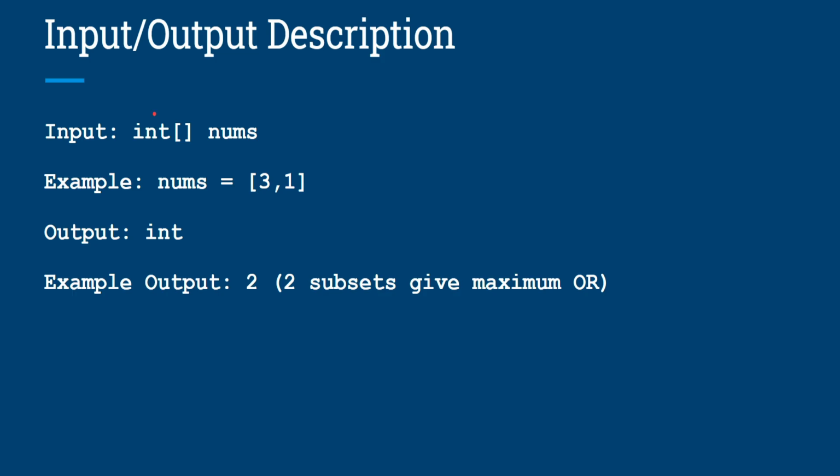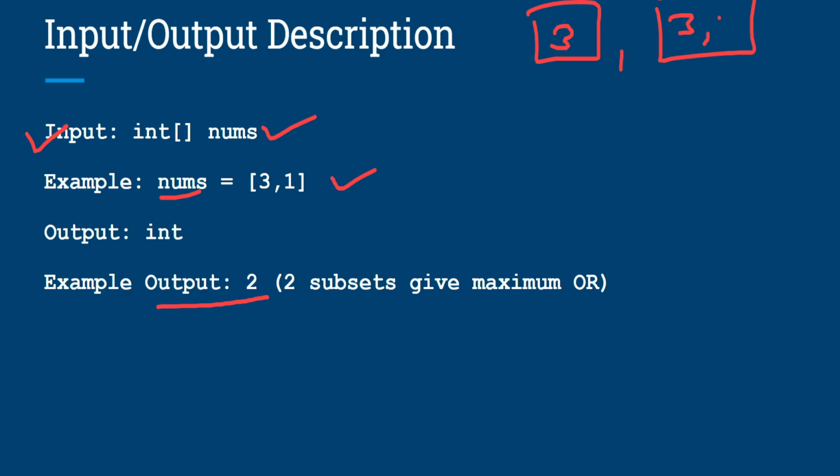First, it is important to understand the input and output descriptions. The input you are given is an integer array. For example, nums is 3 1. The output is 2, meaning we are getting 2 subsets. We just saw that 3 is one subset and 3 1 is another.